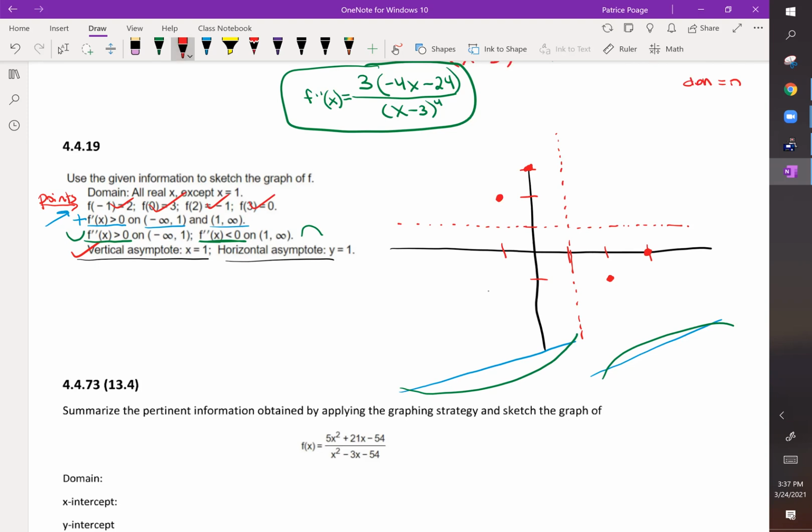So putting this together, I'm going to do the left side of the vertical asymptote first. I need to be increasing and concave up, not go through my asymptotes, but do go through the points. So it's going to be right here.